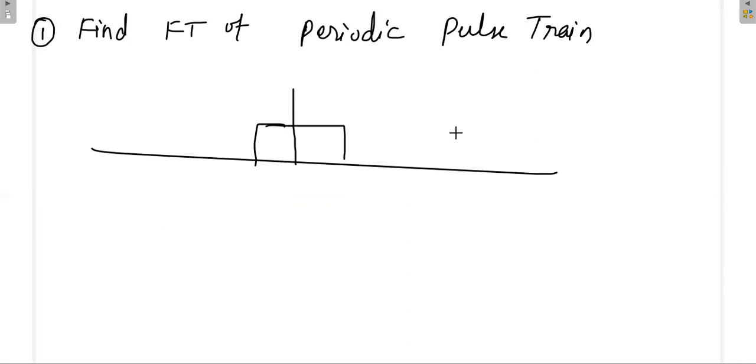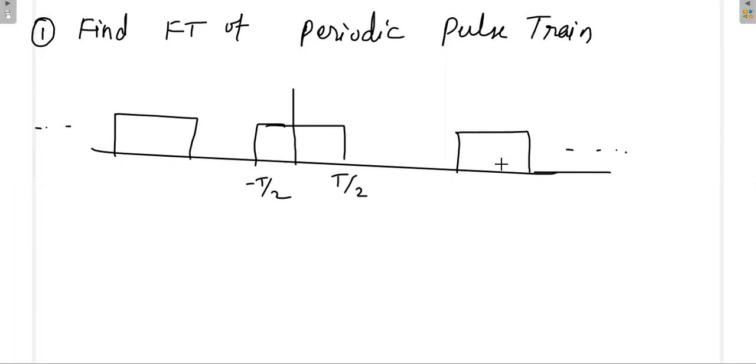Again, it is periodic, so it is getting repeated on both sides. This is minus T by 2, plus T by 2. This is T naught, then this is minus T naught. The amplitude is A, then x of t. For this signal we have to write the Fourier transform.